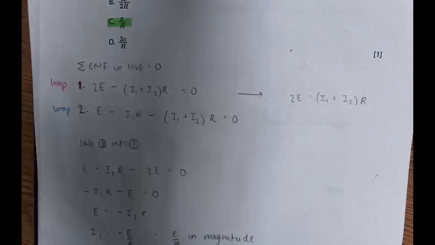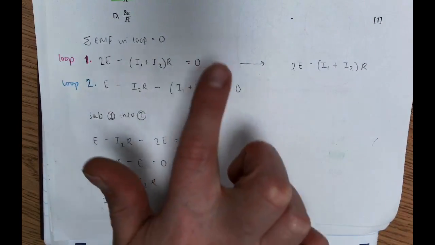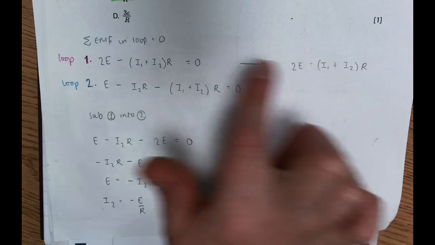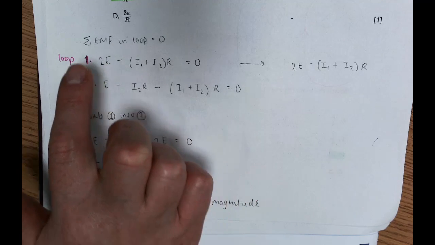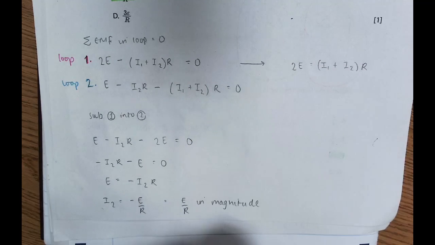So if I come down here now, that's a bit better. Okay, I'm going to take my expressions 1 and 2. So I have an expression for 2E from loop 1, and I have the ability to sub what I know for loop 1 into loop 2.